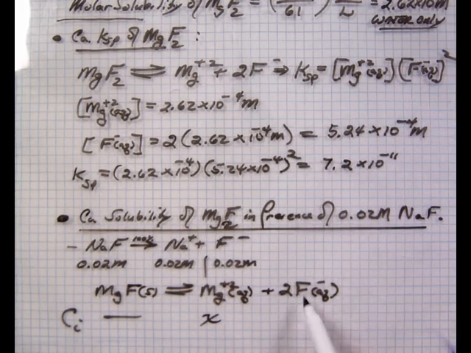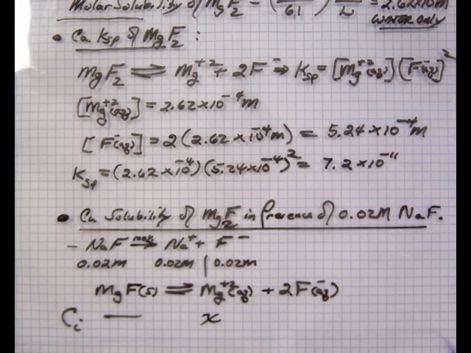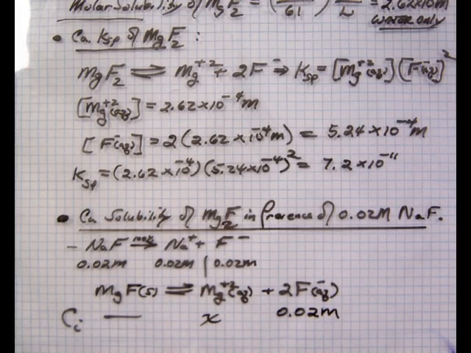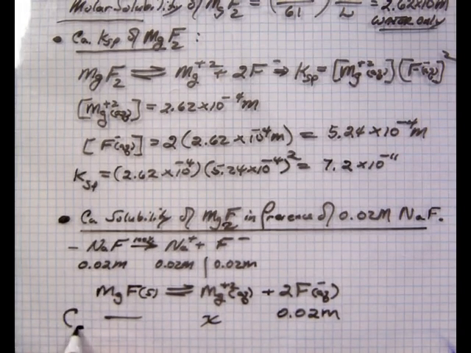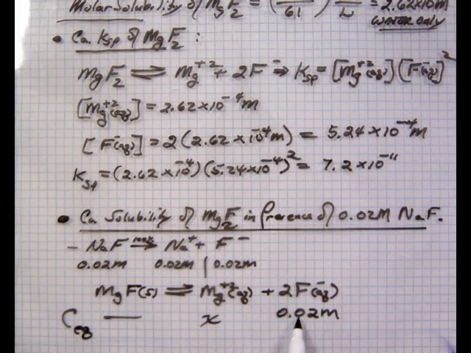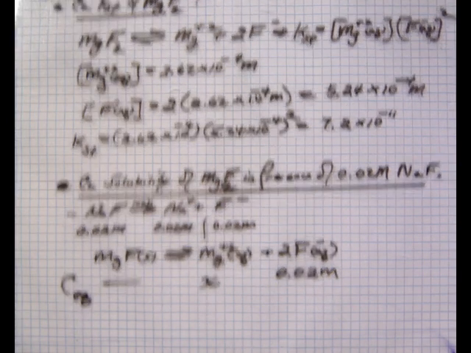And we assume all of the fluoride comes from the sodium fluoride, and it's 0.02 molar. And so at equilibrium, we'll have X amount of magnesium and 0.02 molar plus 2X fluoride, but the 2X will drop out as it won't be big enough to influence the 0.02 molar fluoride. Again, we assume all the fluoride comes from the sodium fluoride.